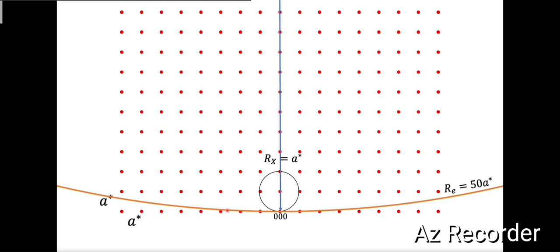So a small part of the Ewald sphere close to the origin, as you can see here, appears to be a flat plane. So in the case of the electron beam, the part of the Ewald sphere close to the origin can be treated as a flat plane perpendicular to the electron beam.